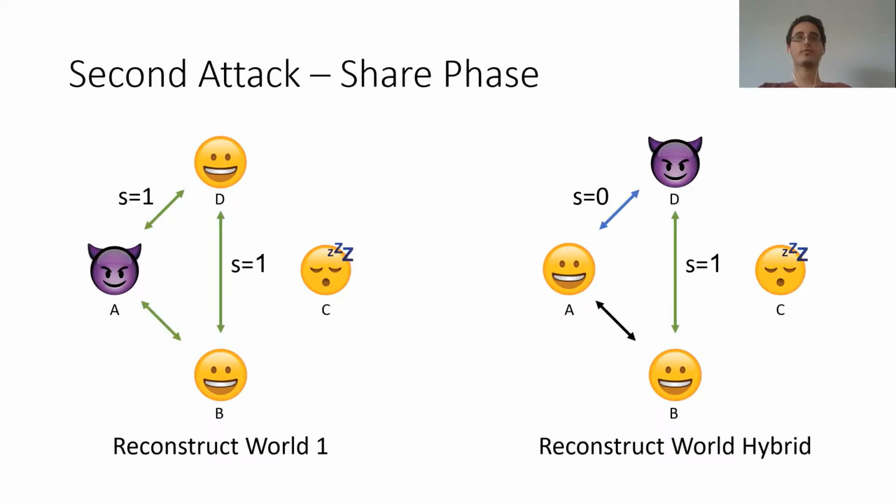Once A completes the share protocol, it does the following things. It samples new messages. It will report from this point on A and D exchanged. The way it will do that is in the exact same way as party D samples messages in the previous attack. Now, if we recall the previous attack, party D might fail because it fails to guess A and B's randomness in the messages they exchange.